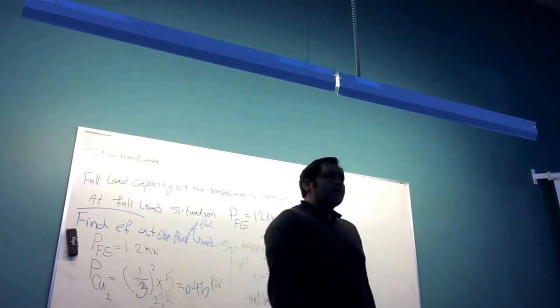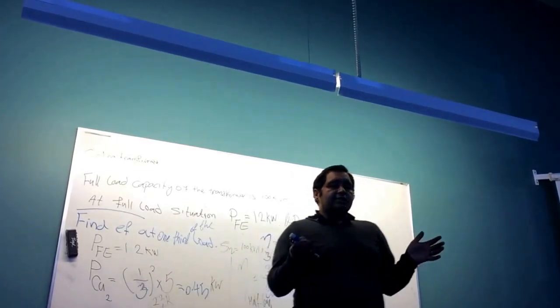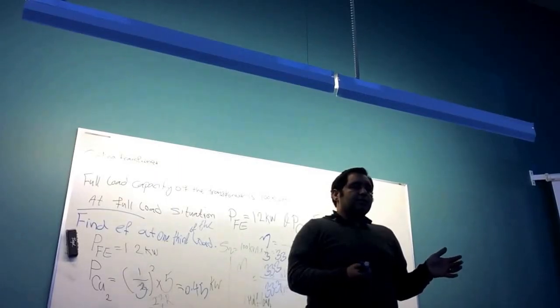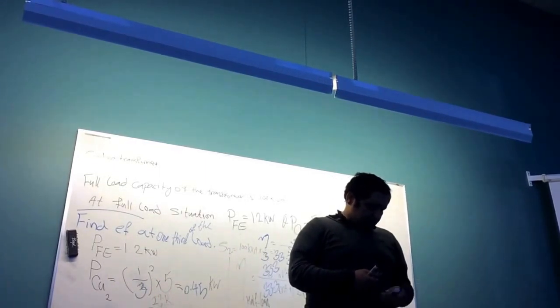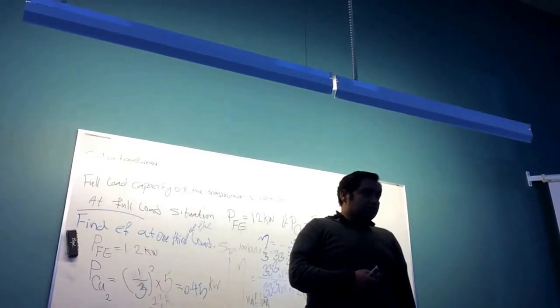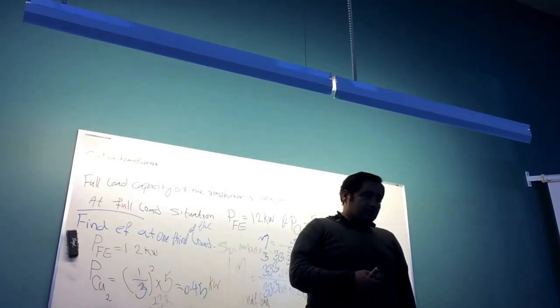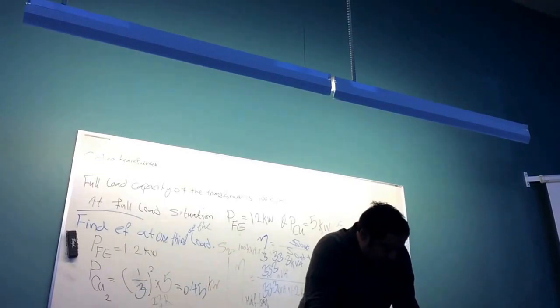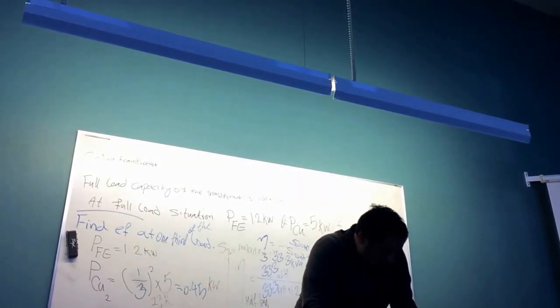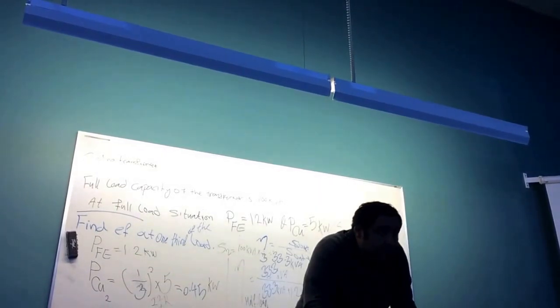Guys, voltage regulation is an indication of how much our voltage is changing. If our voltage regulation is small, because we have a percentage here, is it good or is it bad if it is big? Voltage regulation, which one is better? We have V0 no load, minus V0 full load, over V0 full load.